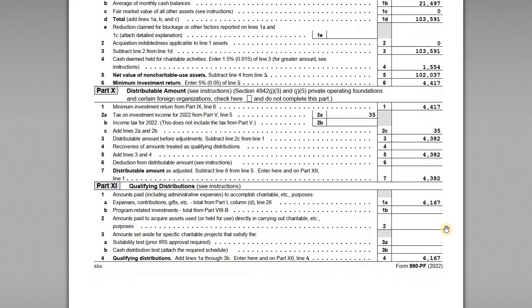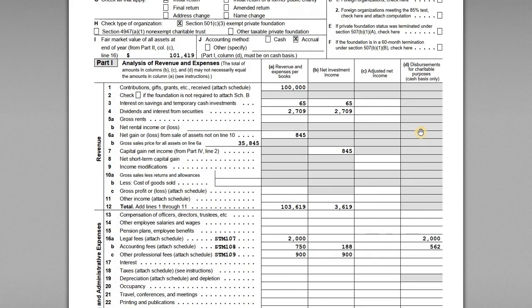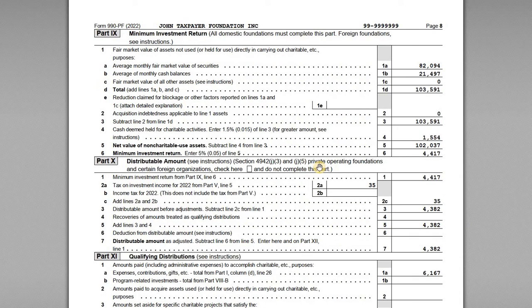So now moving on to Part 11 for qualifying distributions, amounts paid, including those admin expenses to accomplish charitable purposes. So the expenses, contributions, gifts from Part 1, column D, line 26. All right. So Part 1, column D, line 26 is 6167.